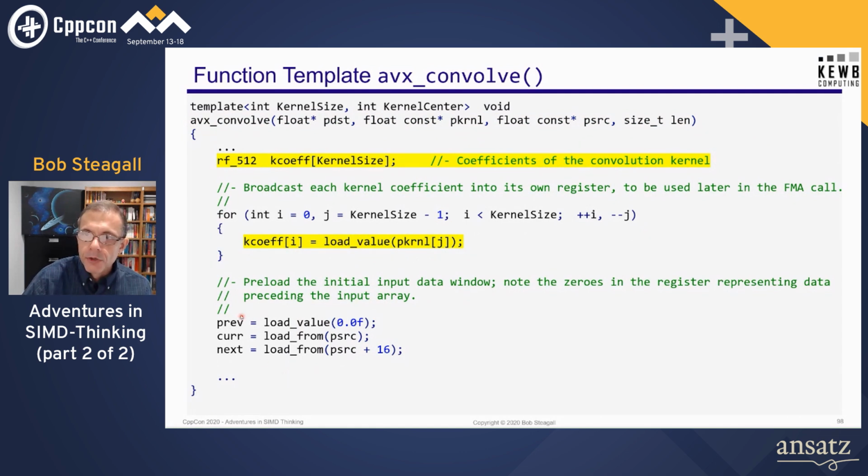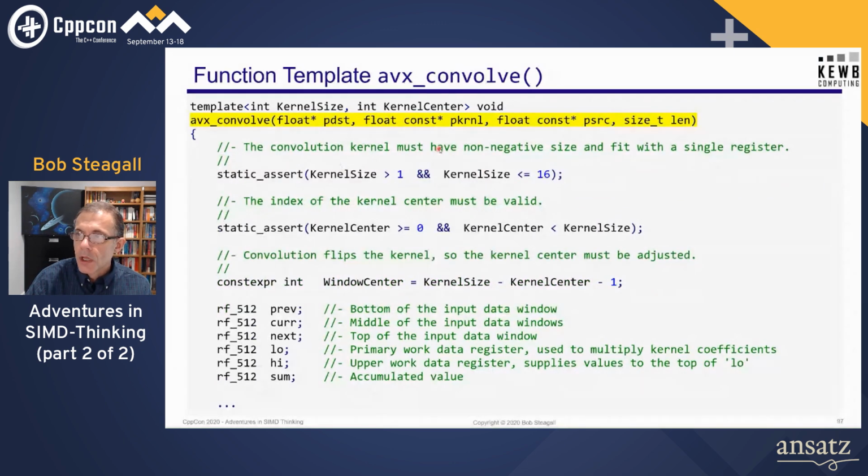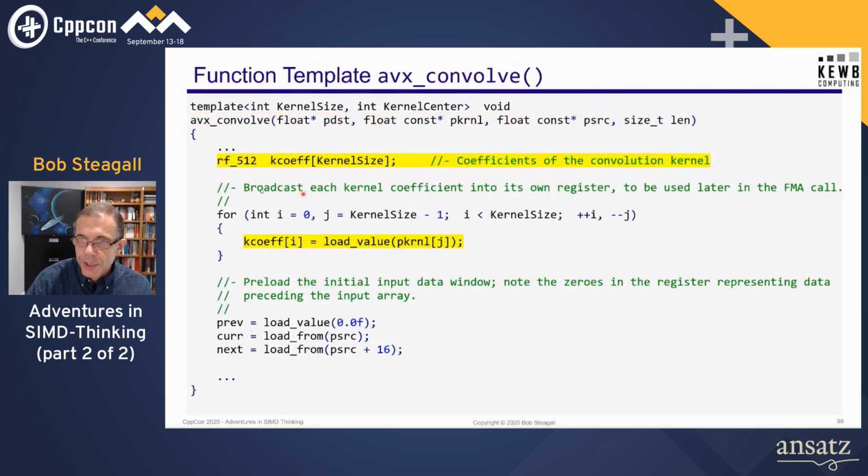I have an array of registers equal to the kernel size that are going to hold the coefficients of my convolution kernel. This can't be static, and it can't be constexpr, because my convolution kernel is provided at runtime. So this array and this loop are runtime constructs.